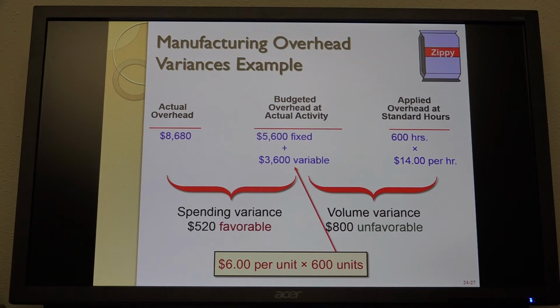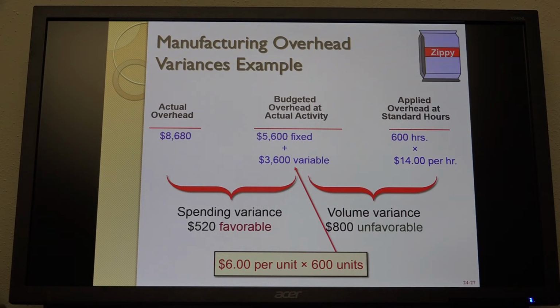You've got the $5,600 actual fixed costs and the $3,600 variable costs, which is the $6 per unit times 600 units. That equals 9,200. You compare actual overhead with the budgeted overhead, and you're $520 less in actual overhead. So that's a favorable variance.